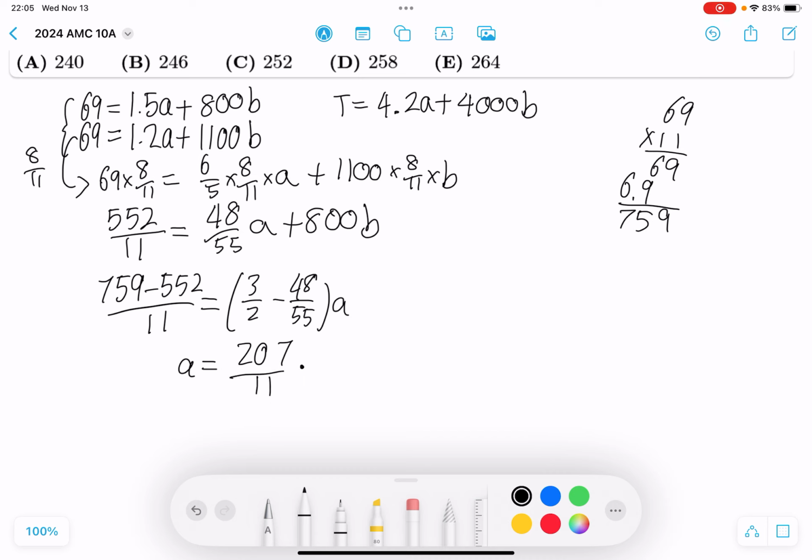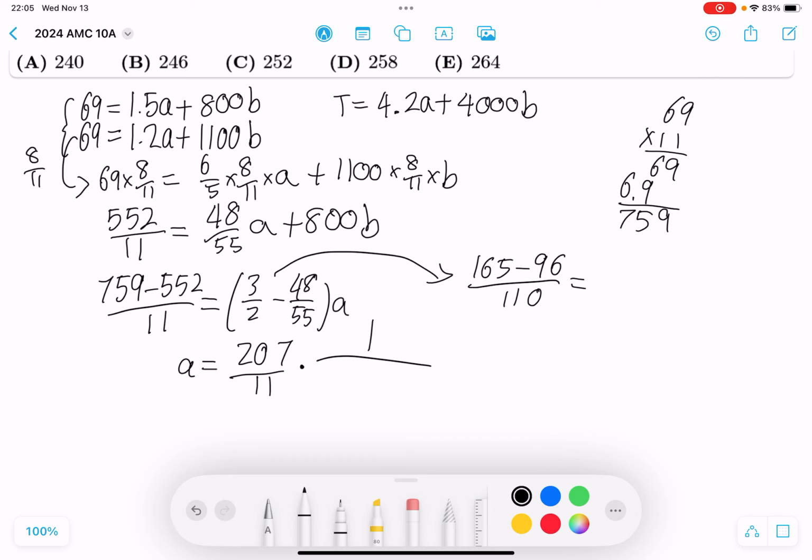times 1 over this fraction right here, which let's evaluate. For this fraction, we want to make the denominator the same. So we have 3 times 55, which is 165, minus 48 times 2, which is 96, over 110.